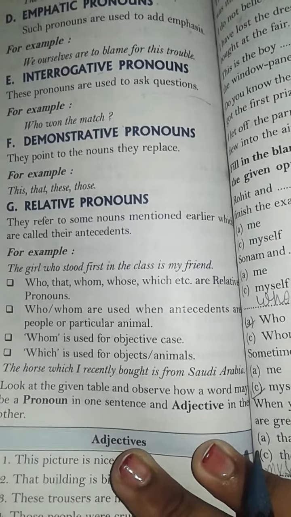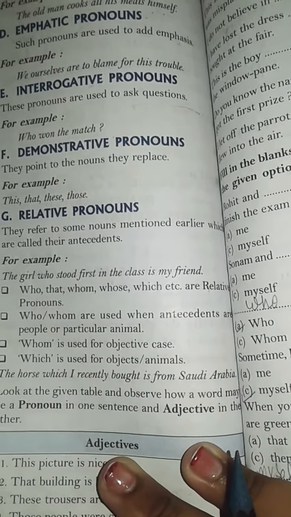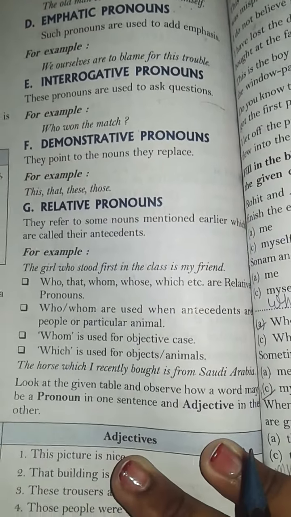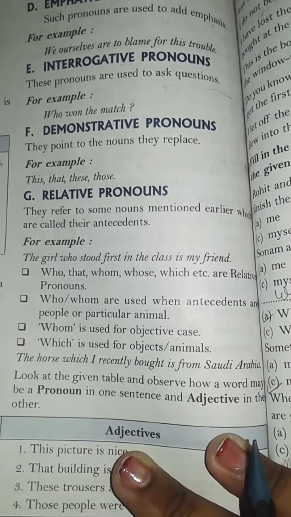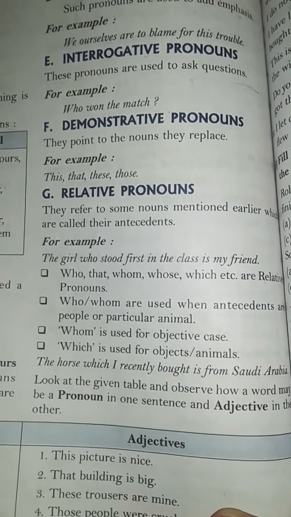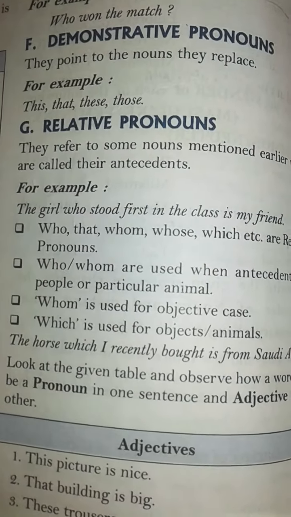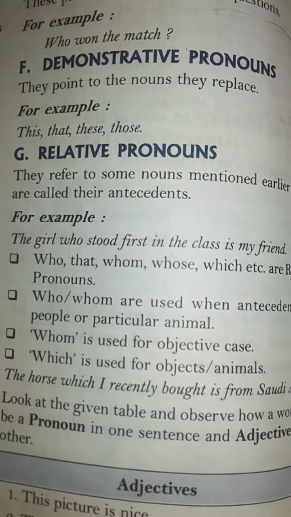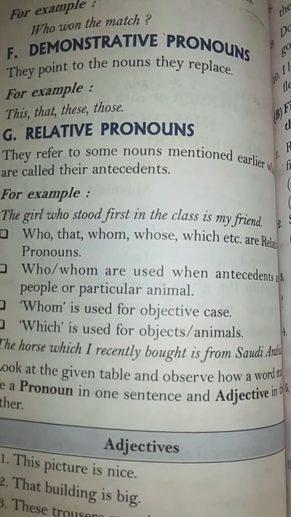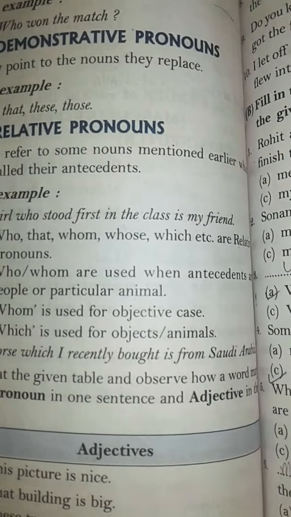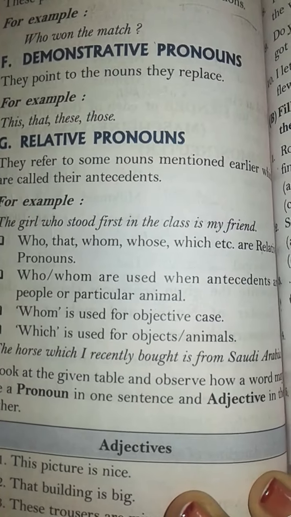are relative pronouns. Who or whom are used when antecedents are people or a particular animal. Whom is used for the objective case, and which is used for objects or animals. So relative pronouns refer to nouns mentioned earlier, known as antecedents.